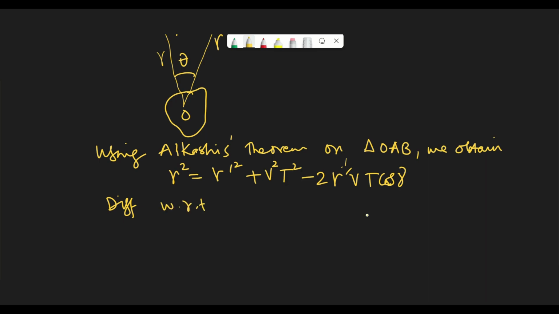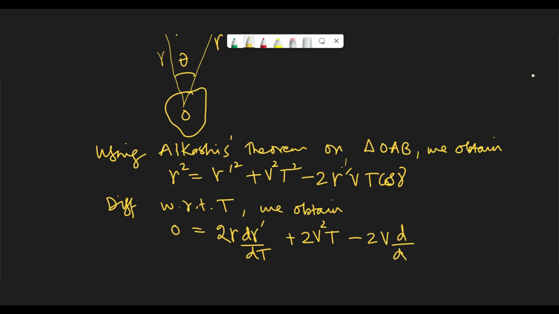Differentiating with respect to T, we obtain the derivative of R is 0 because R is constant. dR prime over dt plus 2V square T minus 2V d by dt of T R prime cos gamma.